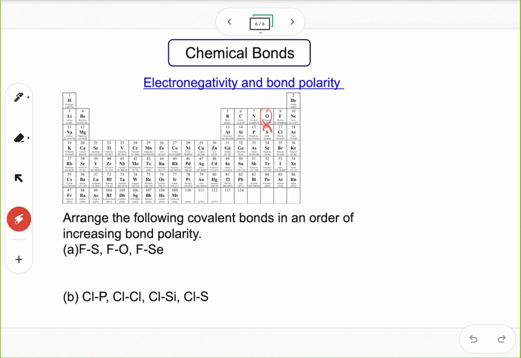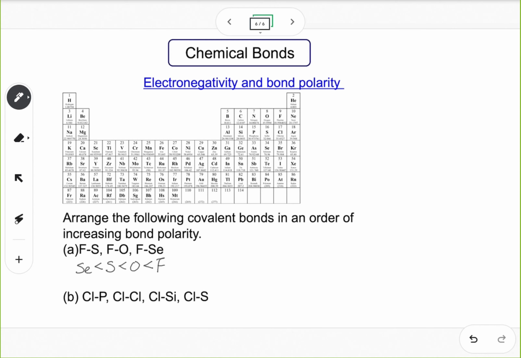And oxygen, sulfur, selenium are in the same group, and when you go from top to bottom in the same group, electronegativity decreases. So the electronegativity of those four elements in increasing order would be selenium less than sulfur, less than oxygen, less than fluorine.